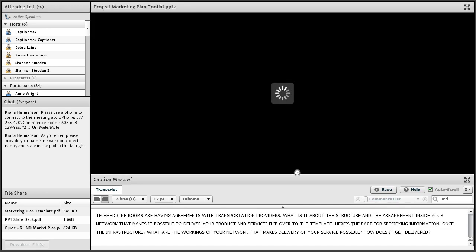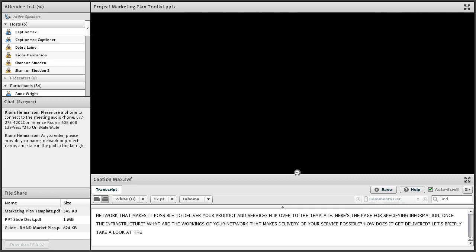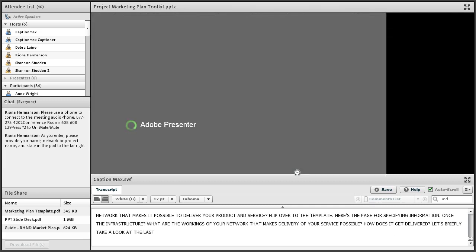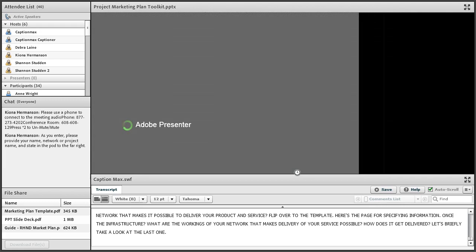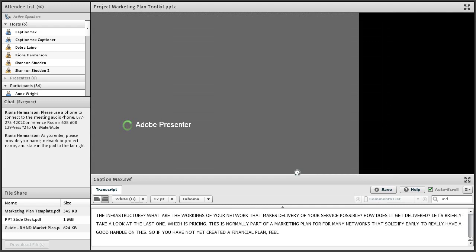Flip over to the template. Here's the page for specifying information about your place. So what's the infrastructure? What are the workings of your network that make delivery of your service possible? And how does it get delivered?